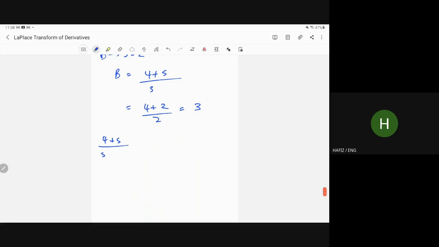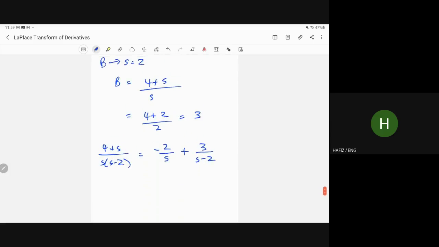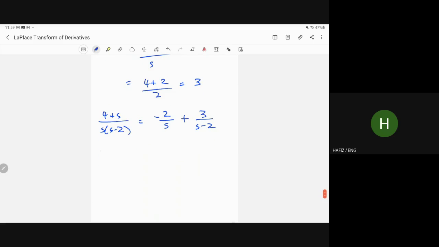Okay, so that means you can rewrite that equation just now: (4 plus s) over s(s minus 2) is equals to minus 2 over s plus 3 over s minus 2. To find the solution, we need to do the inverse Laplace transform of negative 2 over s and the inverse Laplace transform of 3 over s minus 2.